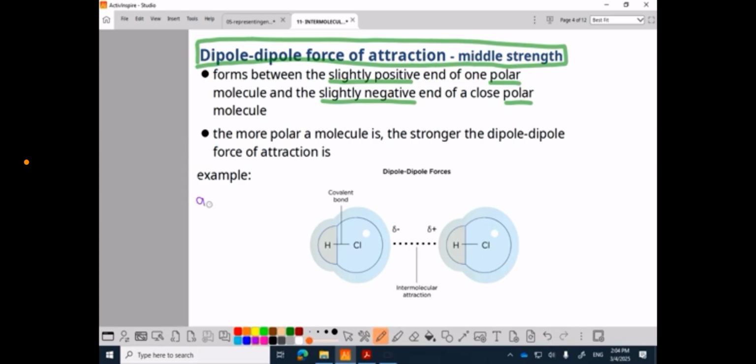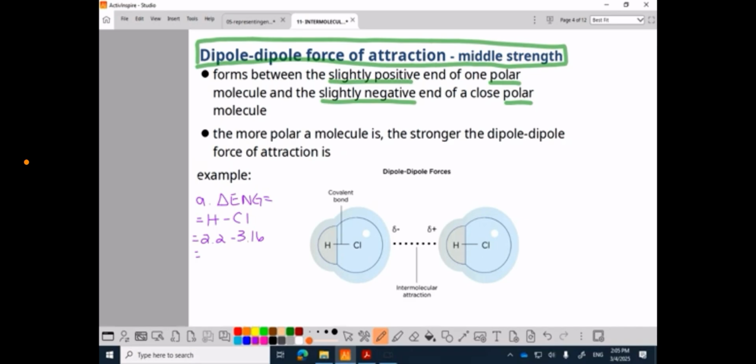I chose hydrogen and chlorine here. Hydrogen's electronegativity is 2.2, chlorine's is 3.16, which gives a difference of 0.96, polar covalent. Normally, we would not draw the Lewis structure as is drawn here. This is called a space filling model.